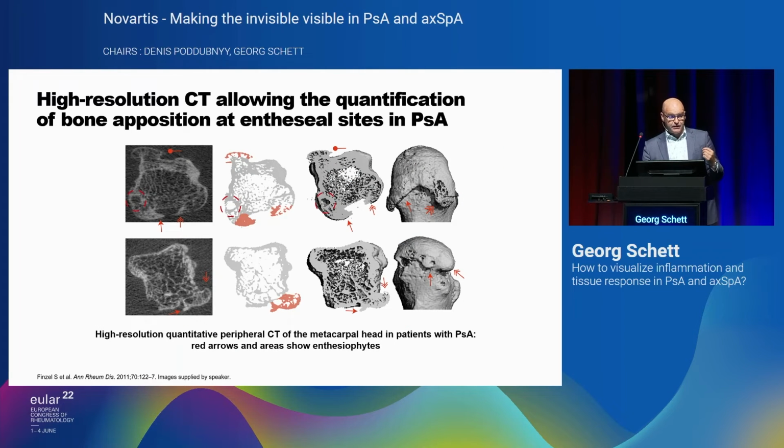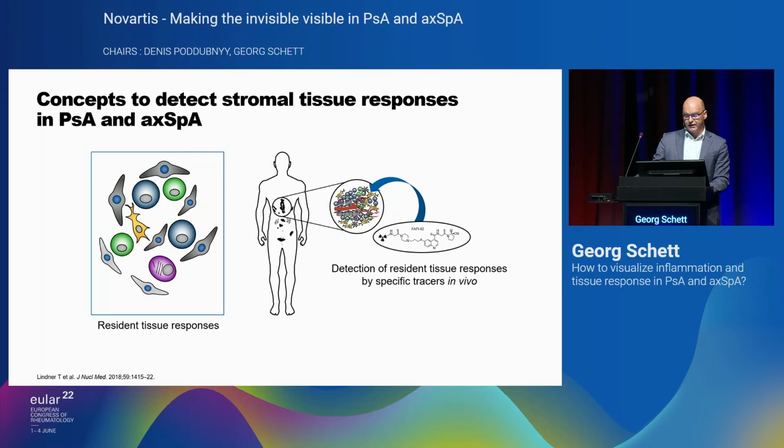The second part of the disease, and we will hear about that later, is actually tissue responses. As you see here, I mentioned that these are the enthesiophytes which form in a patient with psoriatic arthritis, and that's a very dynamic process that can happen within a few weeks. Obviously, what we want is to understand that better.